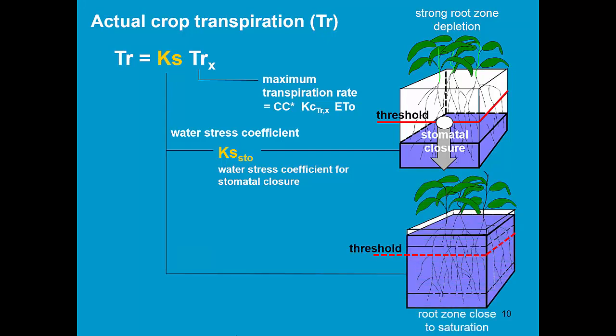AquaCrop also describes the effect of excess of water. When there is too much water in the root zone, we have waterlogging problems, we have deficient aeration conditions. And that is described by another Ks factor, that is the Ks factor for waterlogging.